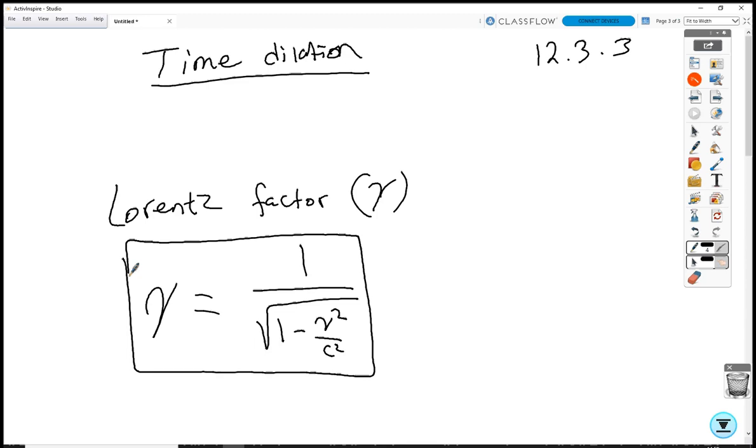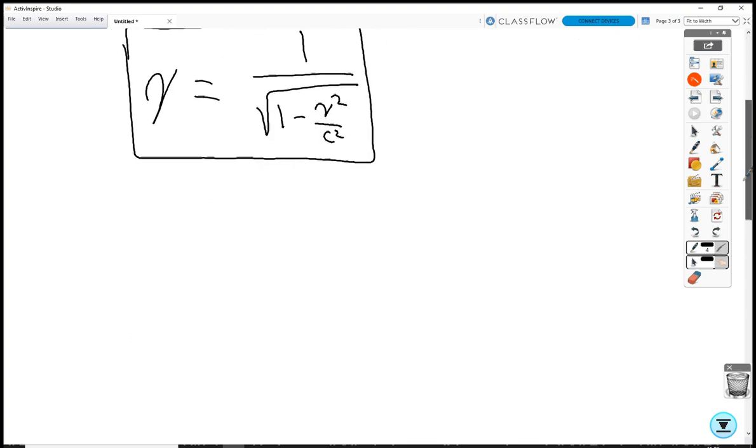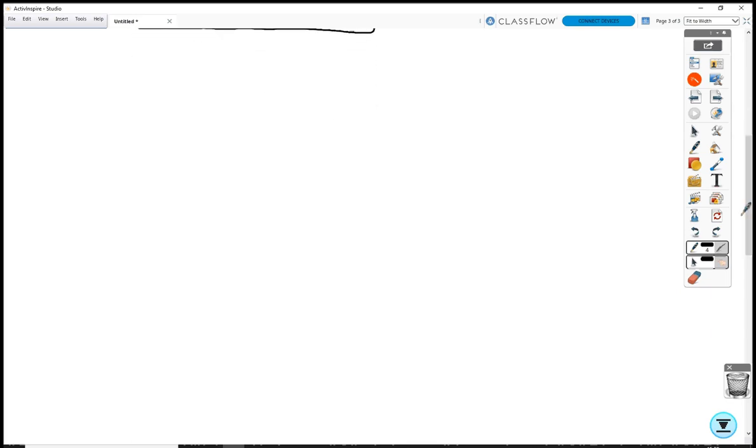Then evaluate it at 0.1 times the speed of light, so 10%. You'll see very quickly that unless you're very, very close to the speed of light, gamma would roughly be equal to 1. Only when you approach the speed of light does it very rapidly begin to change. So for special relativity, we have to be very, very close to the speed of light.